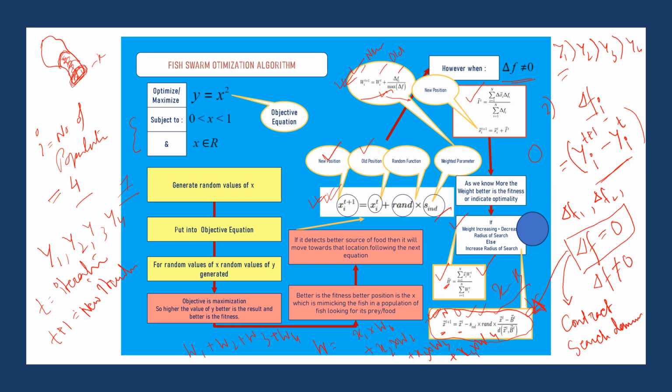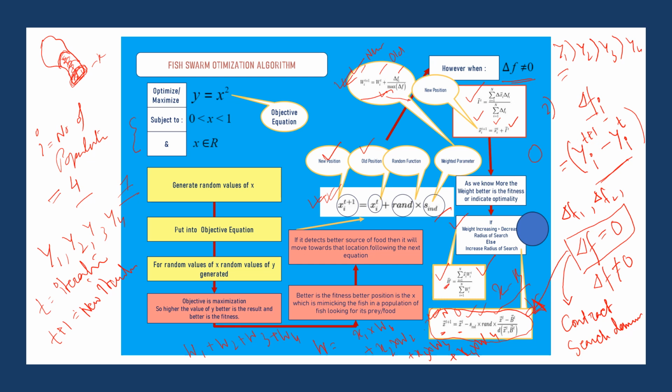You see, this is x t plus 1, the new values of x. How is it found? The old value of x plus I. And I is nothing but your weighted value of the difference between the objective function in between two iterations.